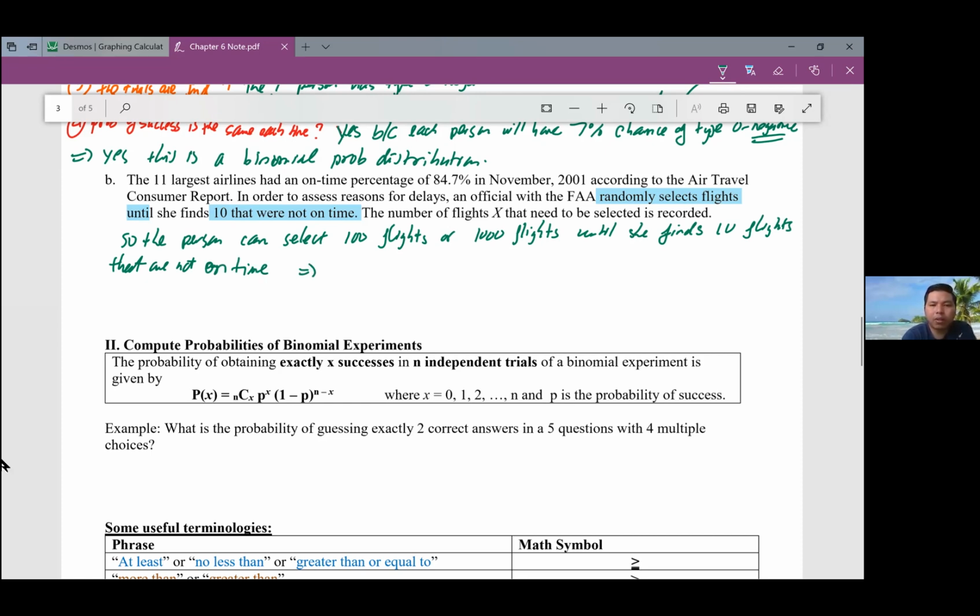Therefore, the trials are not fixed. So not binomial.